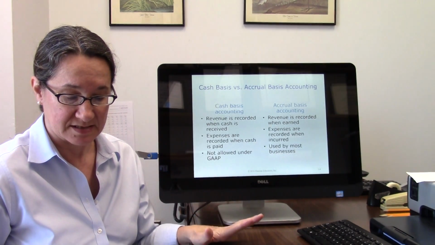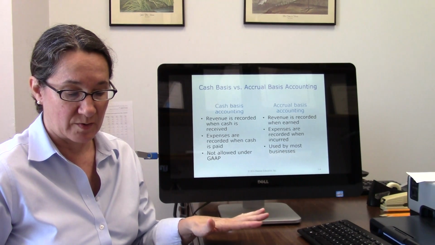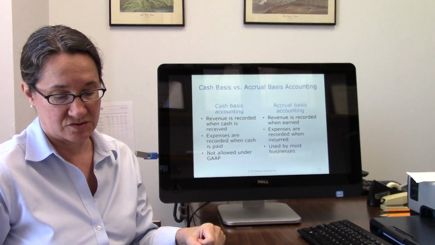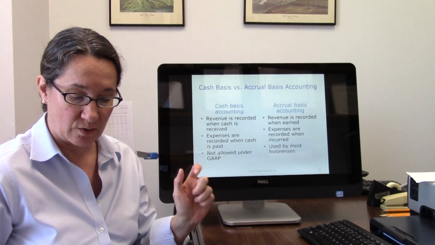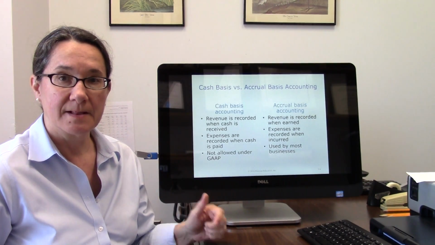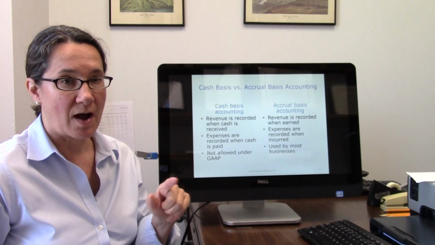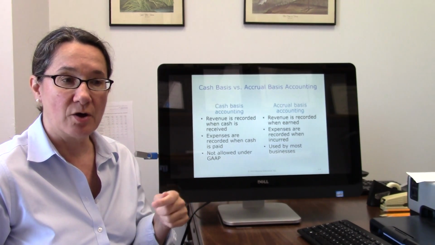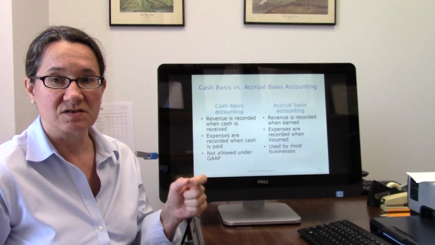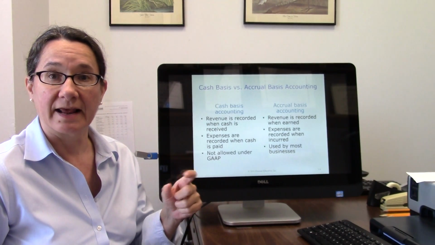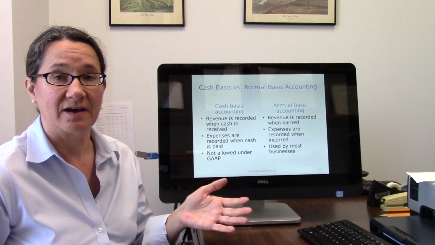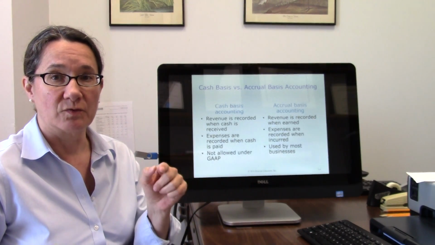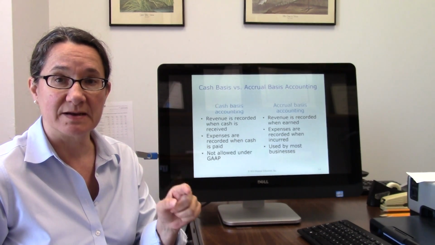Under cash basis, revenues are recorded only when cash is received, and expenses are recorded only when cash payments are made. So already you probably are saying, wait a minute, I know that we had those accounts called accounts payable and accounts receivable, and so we don't always get cash every time. Exactly right. So we don't always use cash basis accounting.